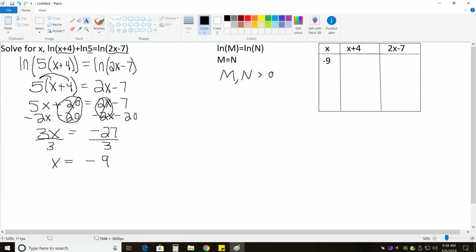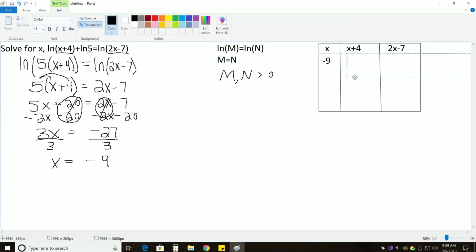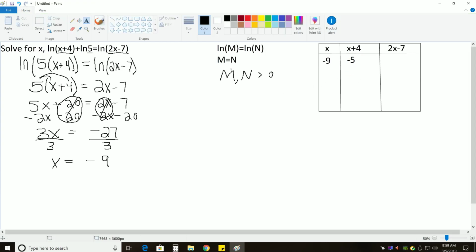So if we take this x is equal to negative 9 and we plug it in for our first value, x plus 4, we end up getting negative 5. And that's instantly no good. We don't even have to check the second table value because this value is less than 0.